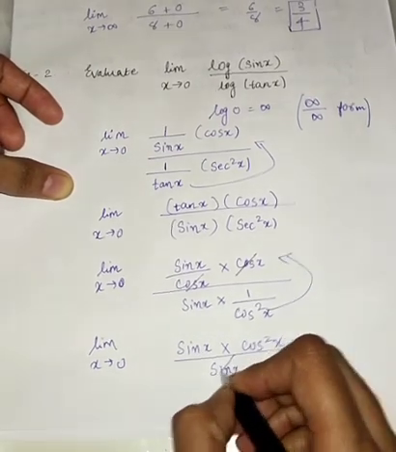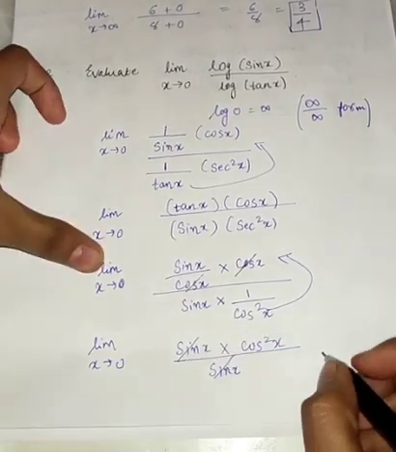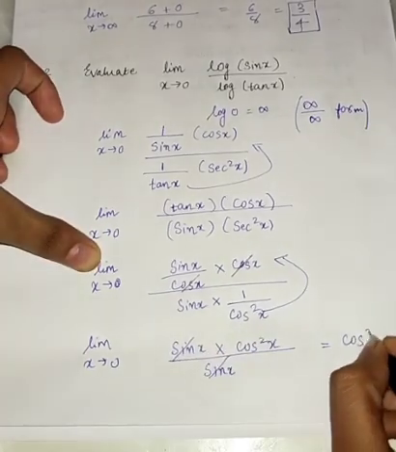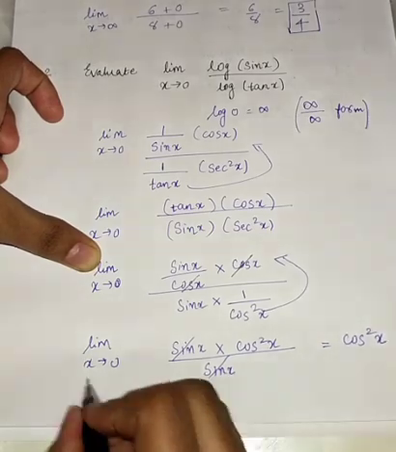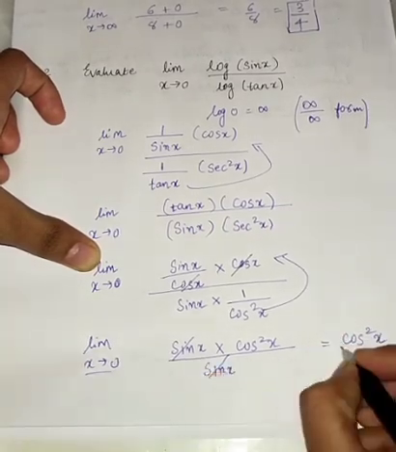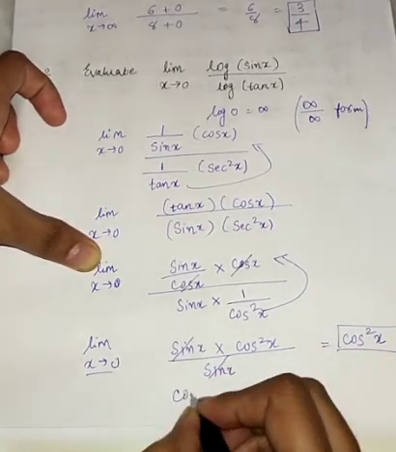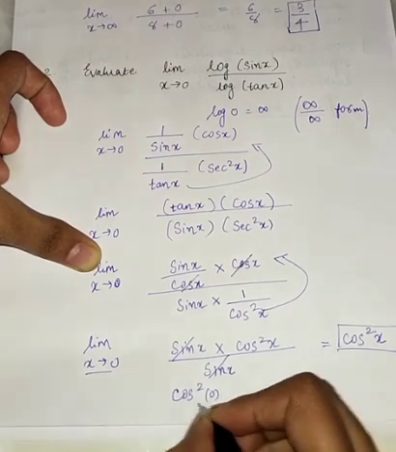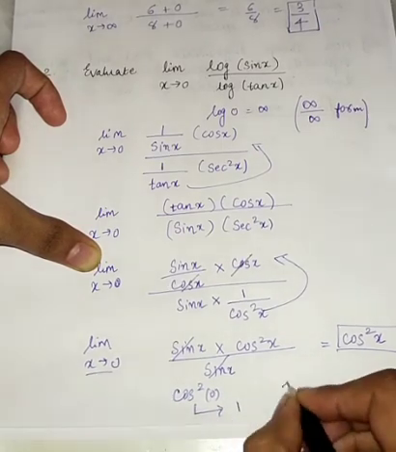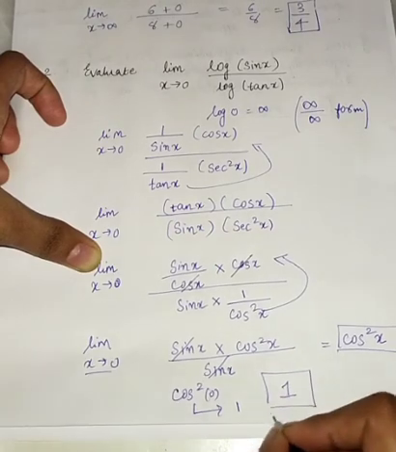Again this sin x and sin x get cancelled, so we get cos square x. And if we substitute this limit in cos square x, then cos square 0, cos 0 is 1. So we get a finite value and 1 is the answer.